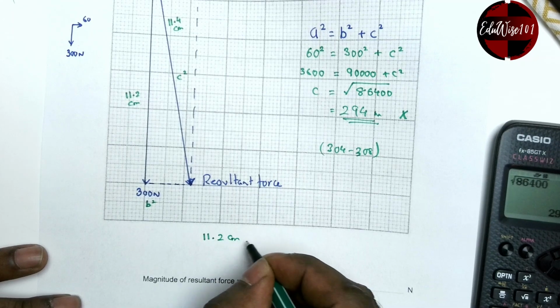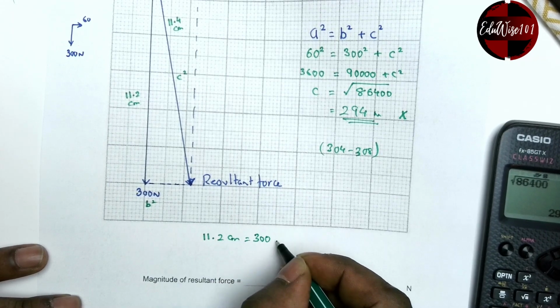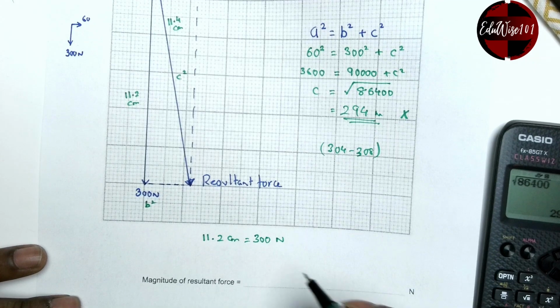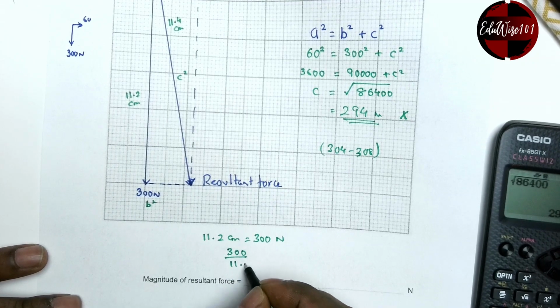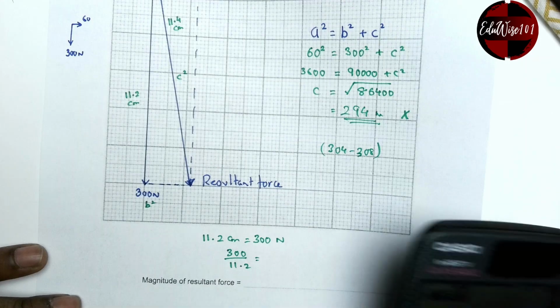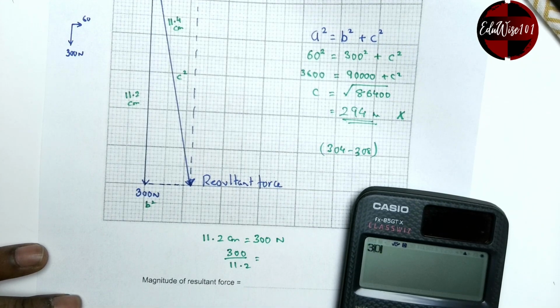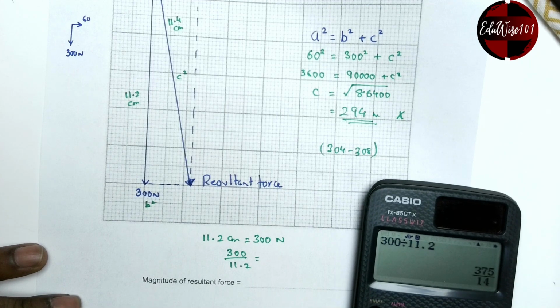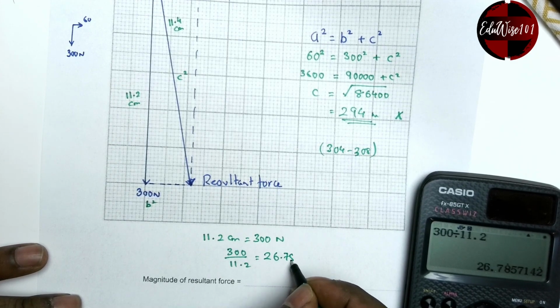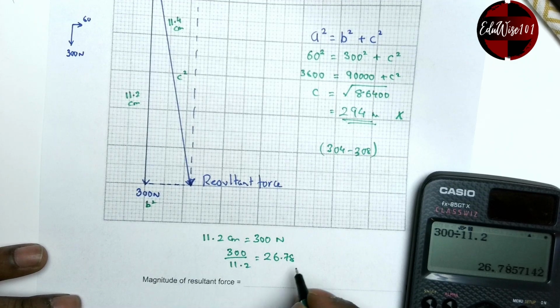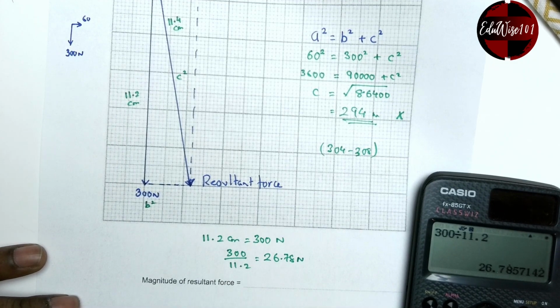So let's see if we can work this out. 11.2 centimeters equals 300 newtons. So 300 newtons divided by 11.2 will give me 26.78 newtons. That's for 1 centimeter.